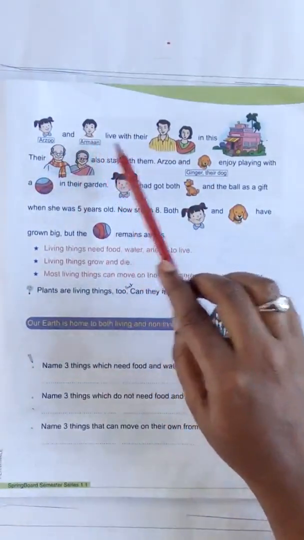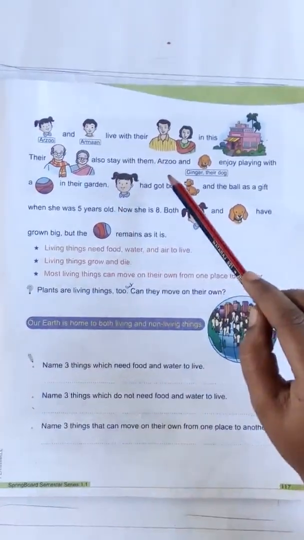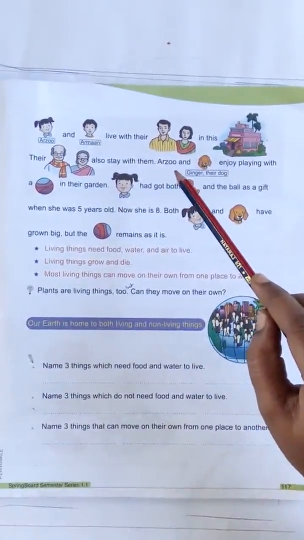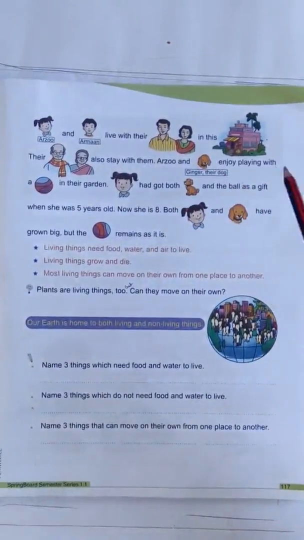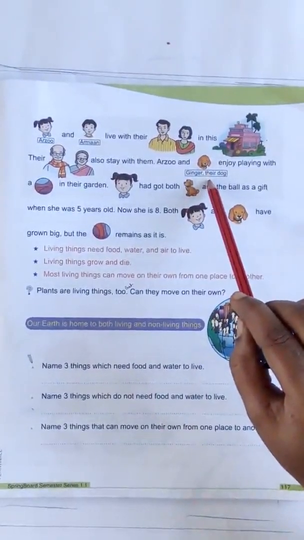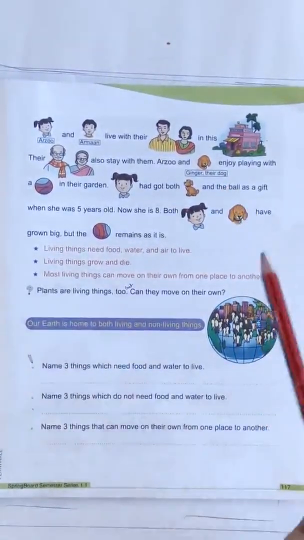Why? Because Arju, Arman, their parents and grandparents need food, water and air to live. And Ginger also needs food, water and air to live.